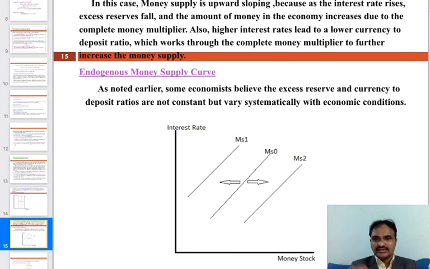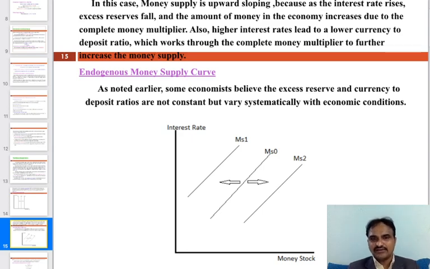In this graph, when the monetary base is increasing and the required reserve ratio declining, the money supply curve shifts rightward from MS0 to MS1. When the monetary base is declining and the required reserve ratio is increasing, the money supply curve shifts from MS0 to MS1 leftward.